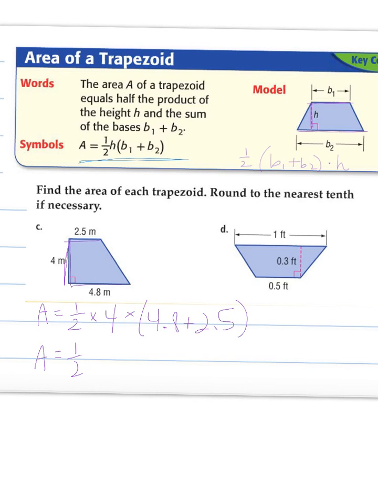Area equals 1/2 times 4, and our bases added together is 7 3/10. Plug all of that in and multiply it together. And our area equals 14 6/10 meters squared.